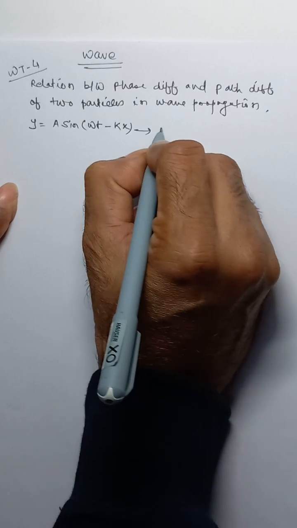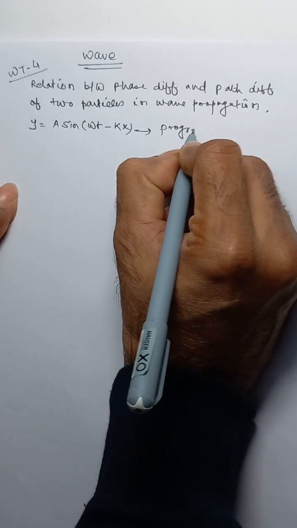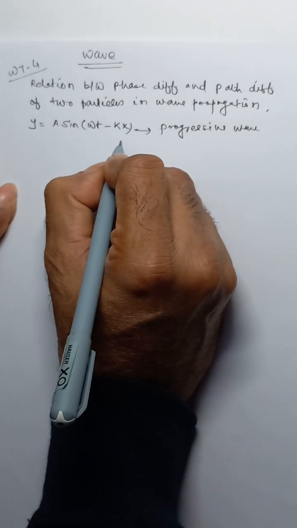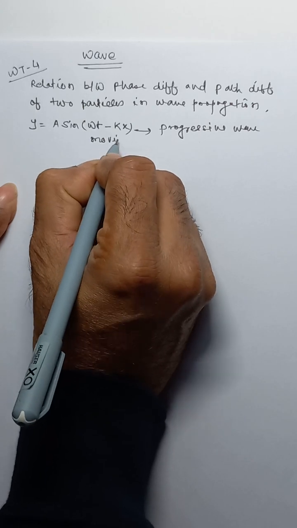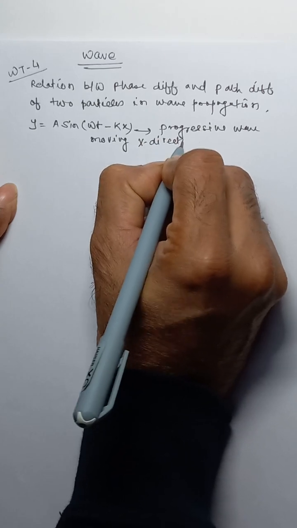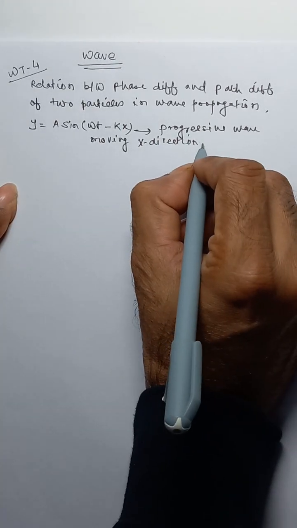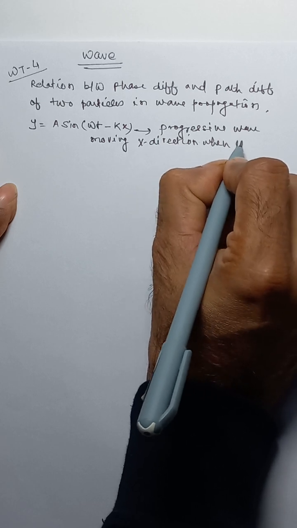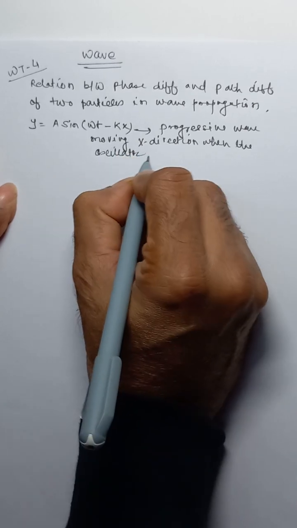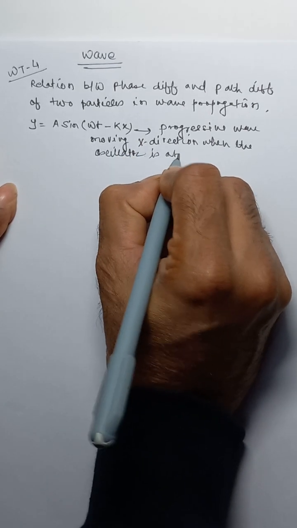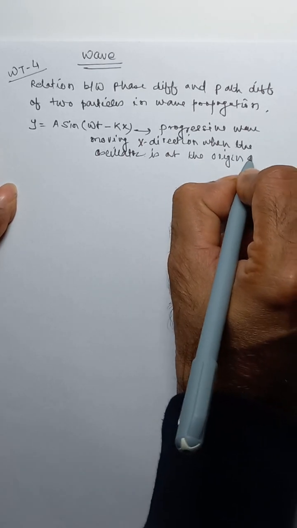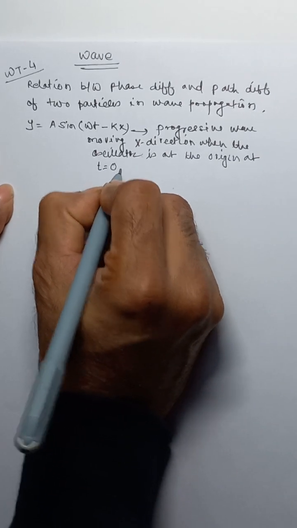It represents a progressive wave moving in the positive x direction when the oscillator is at the origin at t is equal to 0.